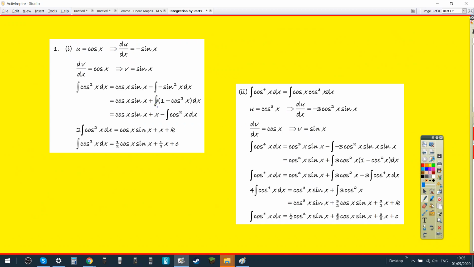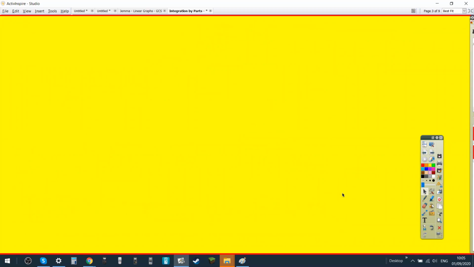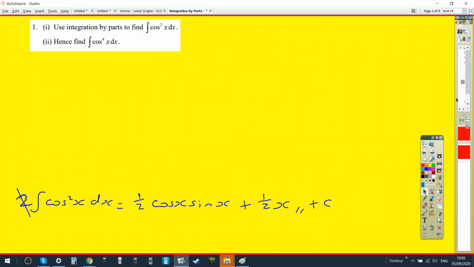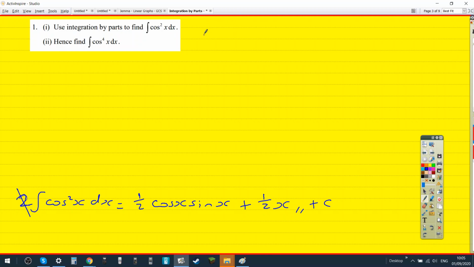Let's just see. A half cos x sine x plus half x plus c. Okay, we have to somehow use that to do part B. So for part B, u would be cos squared x, and then dv by dx would also be cos squared x.